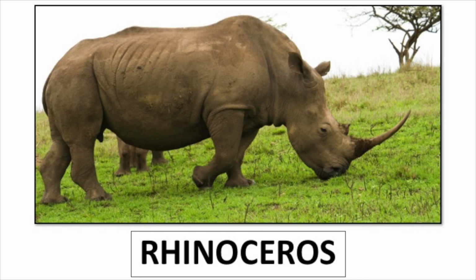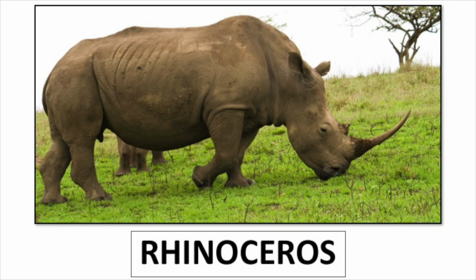Now, does anybody know this animal? Rhino, yes, but the full name, rhinoceros. Yes, the full name of this animal is rhinoceros, but we shorten it to rhino. Now, what's special about the rhinoceros? What can you see at the front of the rhinoceros?